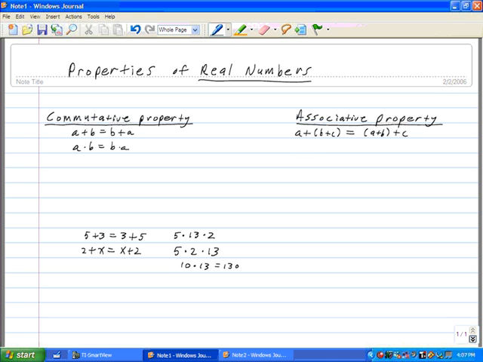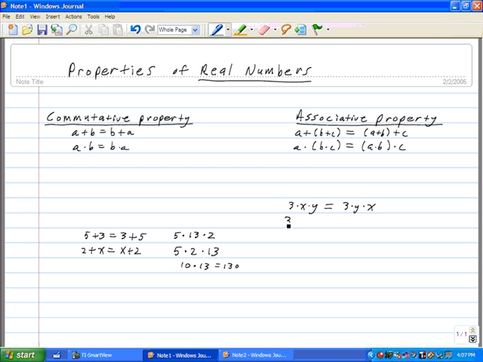The associative property for multiplication looks a lot like the one for addition. This property says A times the quantity B times C is equal to the quantity A times B, then times C. Again, notice the shifting of the parentheses. So if you're trying to tell the two apart, if we had 3 times x times y, and you wanted to use the commutative property, you could turn that into 3 times y times x.